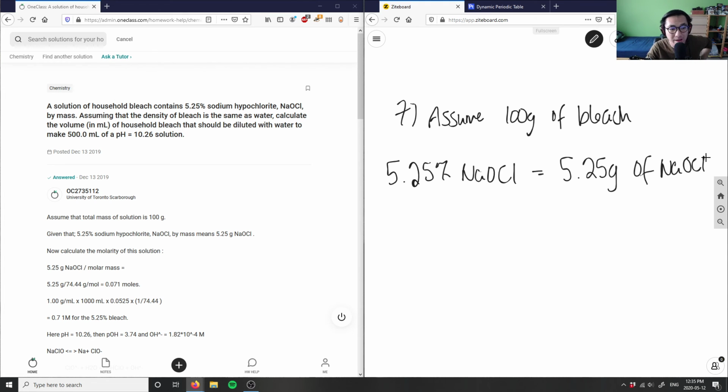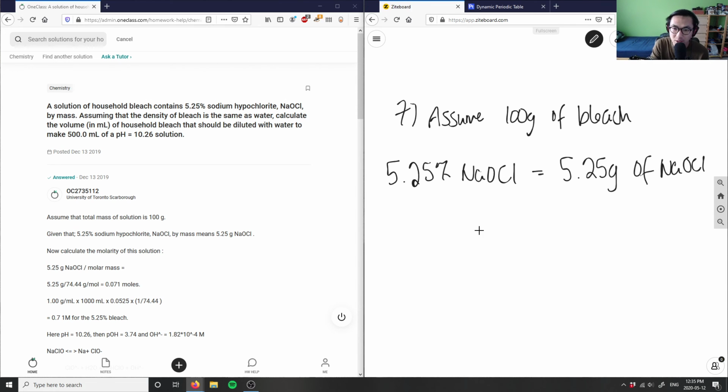And what we need to do now is find some type of concentration, because we know NaOCl, sodium hypochlorite, is in this case, I believe, a weak base. So we need to find a concentration for this, so we can start using equilibrium, because we know it's going to be in equilibrium. In this case I have mass in grams, so I'm going to have to find the moles.